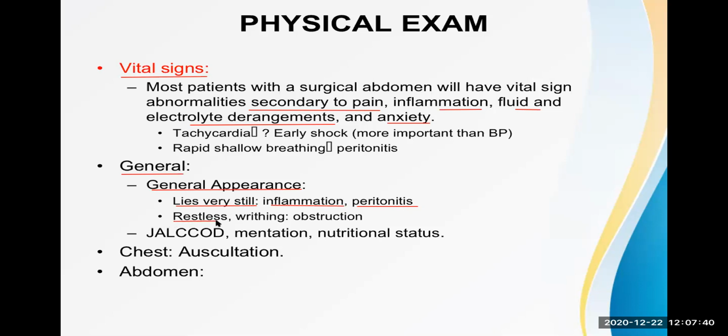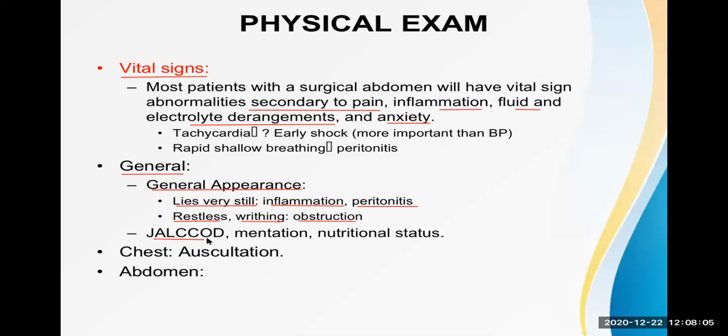If the patient is restless or writhing with pain, moving different parts of the body, a very restless condition, this may be a case of acute intestinal obstruction, ureteric colic, or biliary colic. A colicky type of pain is usually like this.